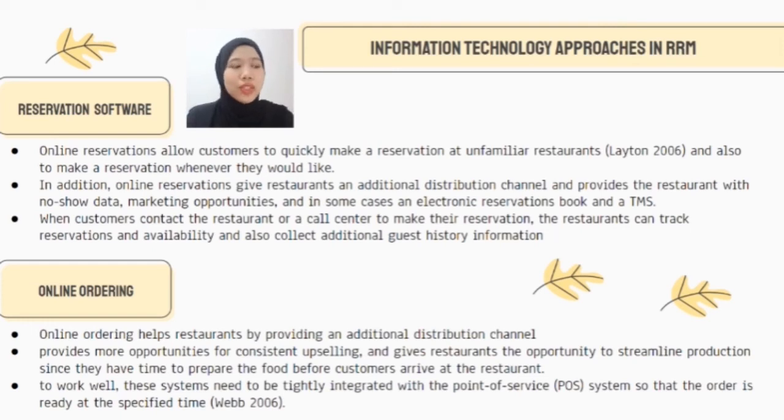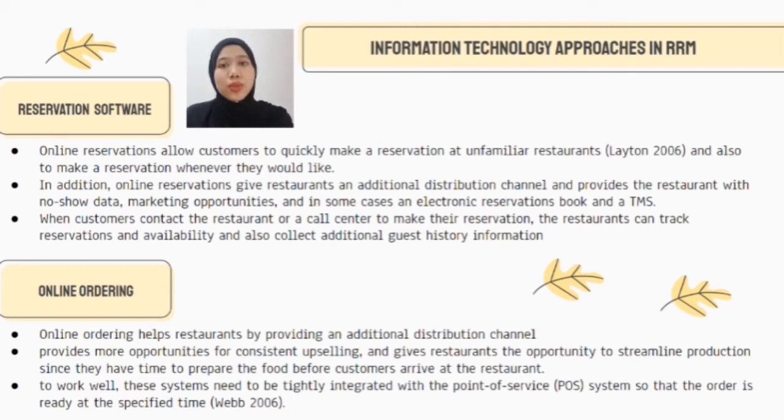The next one is online ordering. Online ordering helps restaurants by providing an additional distribution channel, provides more opportunities for consistent upselling, and give restaurant an opportunity to streamline product, since they have time to prepare the food before customer arrives at the restaurant.